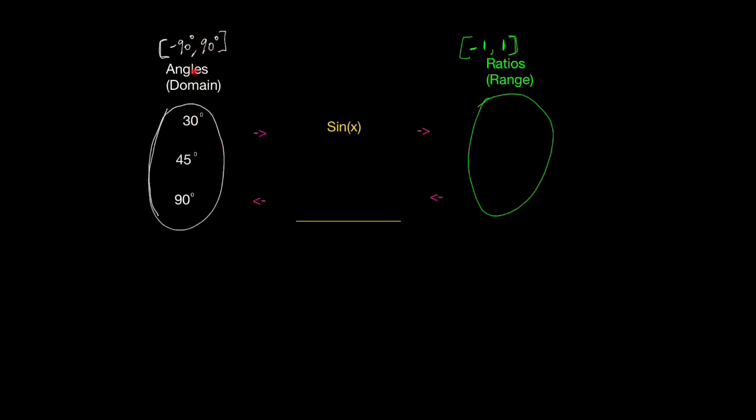For the ratios, we're going to restrict our range from -1 to +1. This means that here I should only be getting values within this range, and here I should only be inputting values within this domain. That's going to make our sine inverse function work nicely because we want this to be 1-to-1 and onto. And that's going to be incredibly important for the algebra trick that I'm going to show you. So again, this is not going to be explicitly stated, but these are the assumptions we're working on.